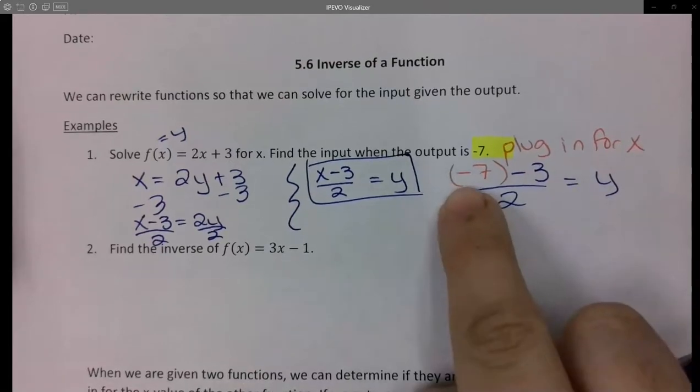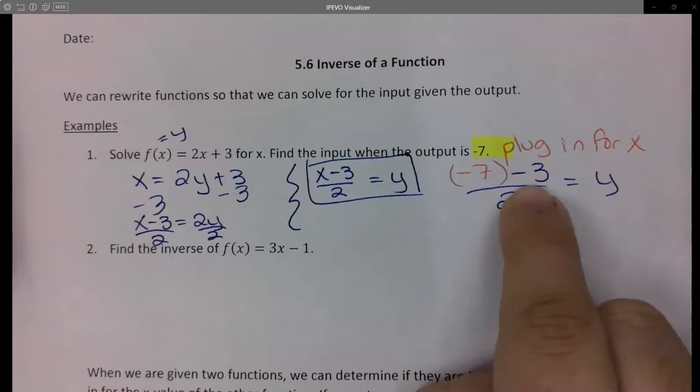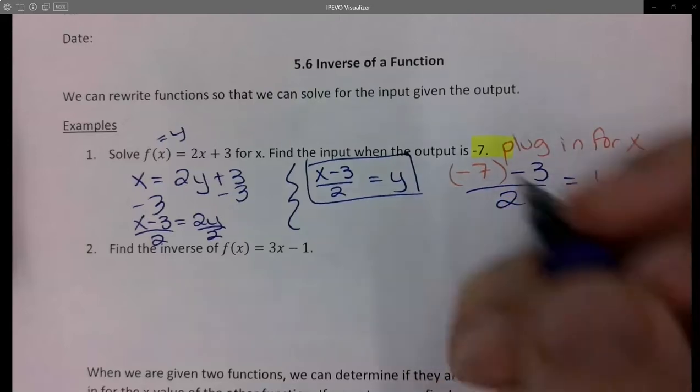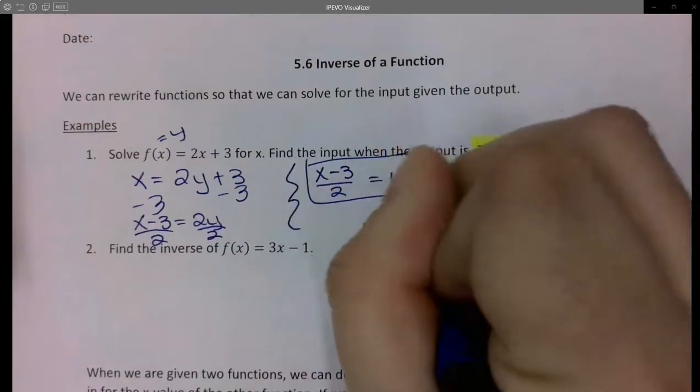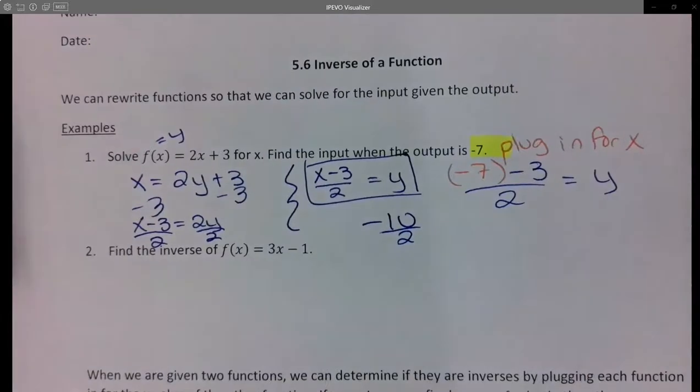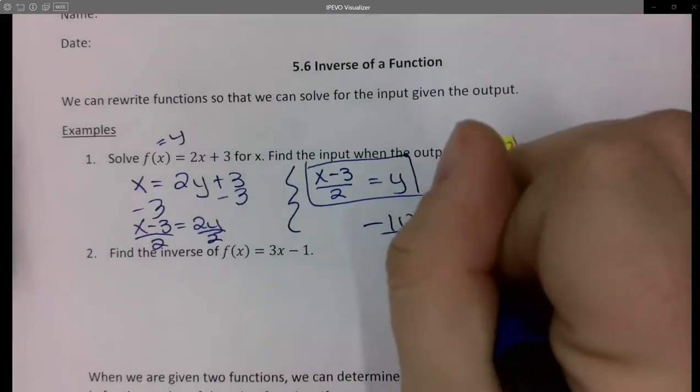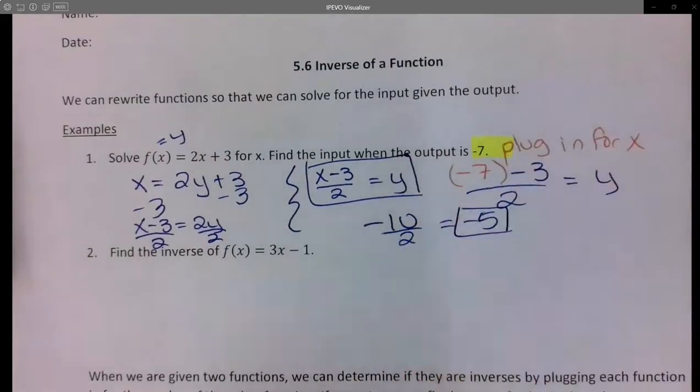Then I want to do the math on the top. Negative 7 minus 3, because they have the same sign, I add them. So it's going to be negative 10 over 2. Then I just want to do negative 10 divided by 2 to get negative 5.